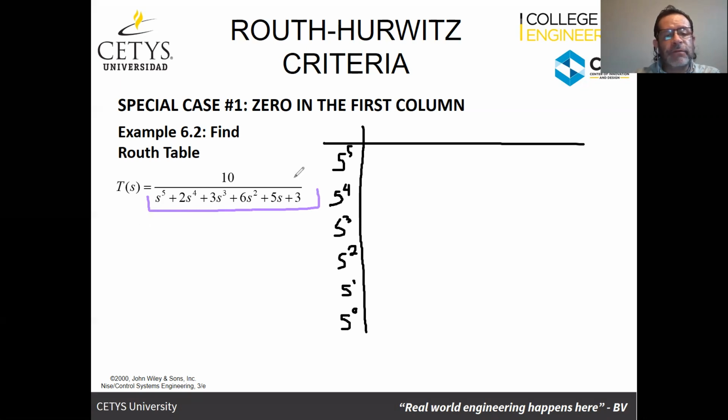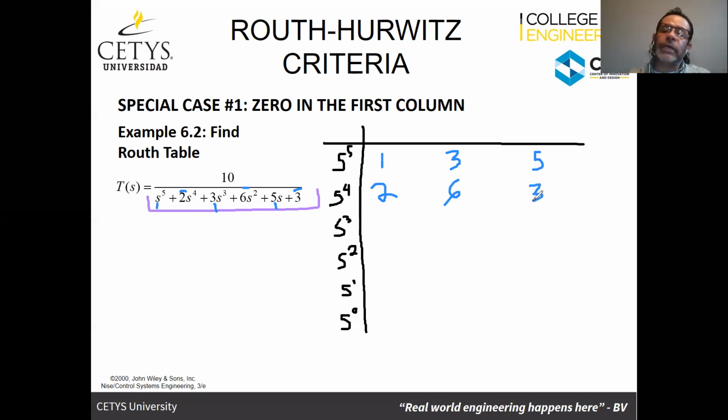For the S to the 5, we've got a 1, then a 3, and then a 5. So 1, 3, and 5. Then the S to the 4 are going to be the next set of coefficients, which is going to be a 2, 6, and a 3.